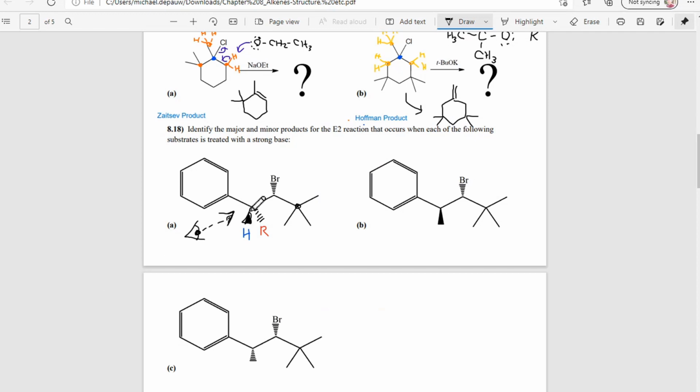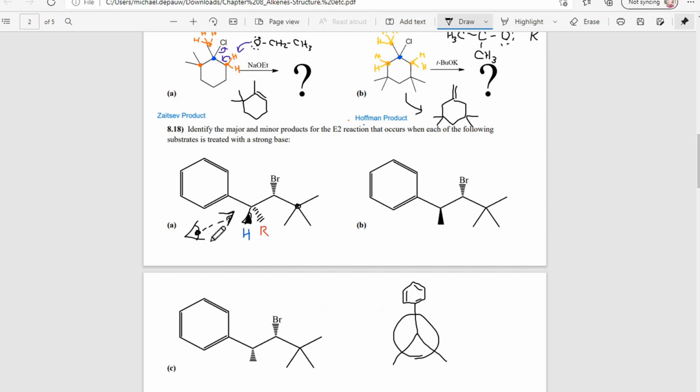So here's my front carbon, and the carbon with the bromine is my back carbon. Mm-hmm. So I see that from this eye view, I have one group above me and two groups below me. Right. If I rotate that around, that one group above me in the front carbon is a benzene ring. It is. And I'm going to make it small, unusually so. Fine. And then I have two groups down.